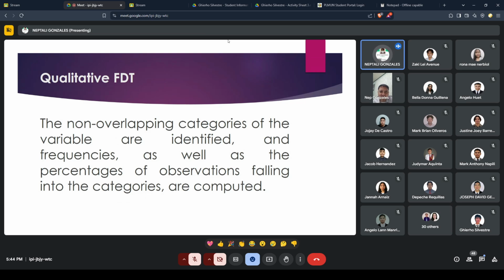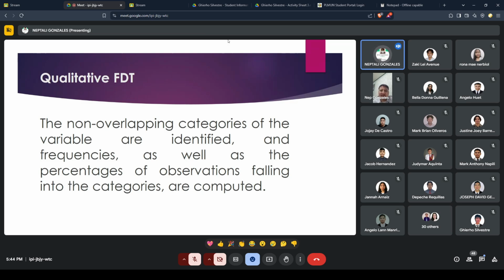In the qualitative FDT, the non-overlapping categories of the variable are identified, and frequencies as well as the percentages of observations falling into the categories are computed. Basically, it's called frequency distribution table because you are counting the frequency distributed to every class or category.